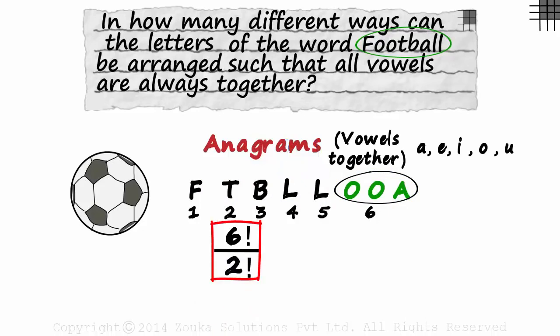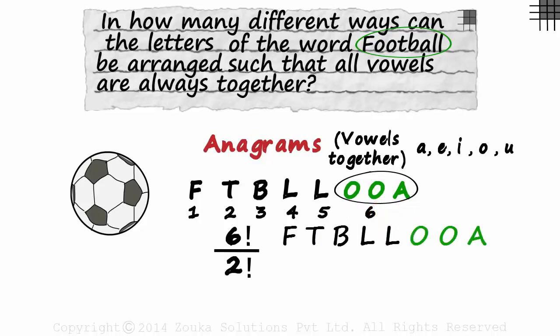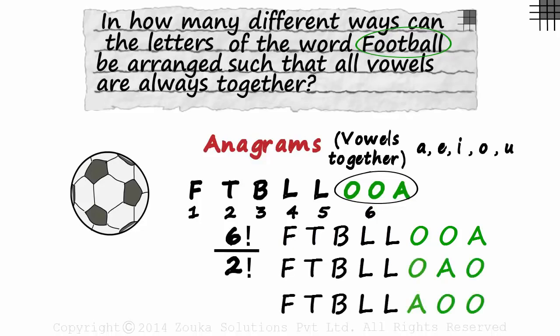Is this our answer? This would have been our answer if the 6th element had just 1 letter. But it has 3. So with this, we also have to consider the arrangements of these 3 letters. FTBLLOOA is different from FTBLLOAO or FTBLLAOO.